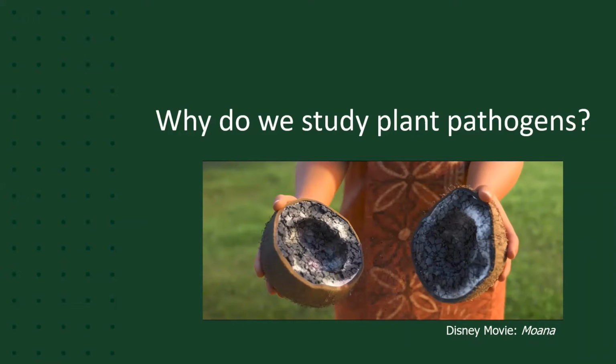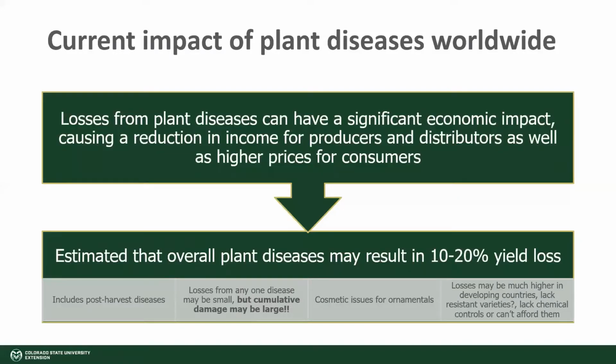Although this is not real, the coconuts are suffering from a vascular disease that went all the way from the roots to the actual coconuts, and they are turning black. So you can see that the study of plant pathogens has always impacted humanity. We study plant diseases worldwide because they have a real impact in the world.